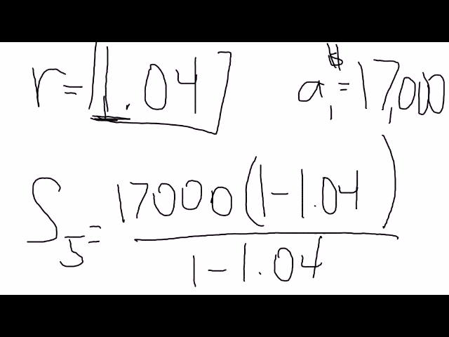It needs to be a 5 right there. So now we have that, and we're ready to go. Now it's just a matter of crunching the numbers. So when we do this, it's going to have your 17,000 times 1 minus 1.04 to the fifth.